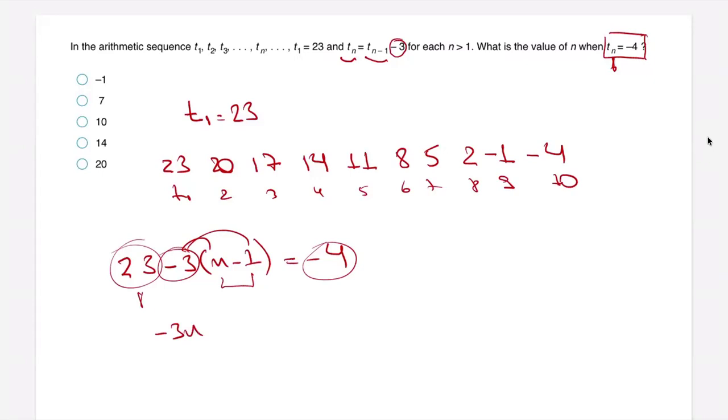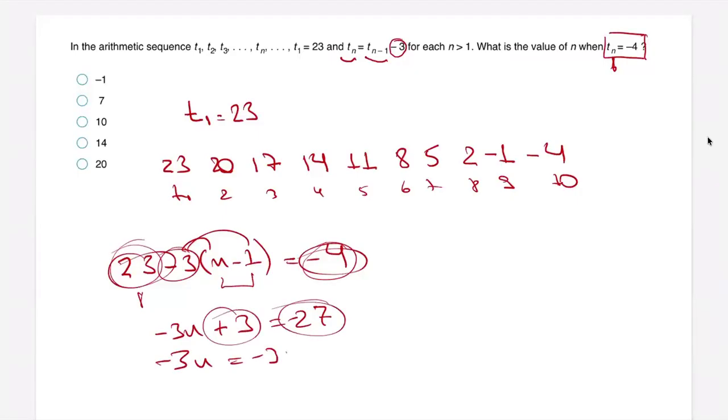Minus 3n plus 3. You'll be minus 4 minus 23 is minus 27. Minus 3n equals minus 27 minus 3 is minus 30. Look, you can do it algebraically. Is that okay? Can I go?